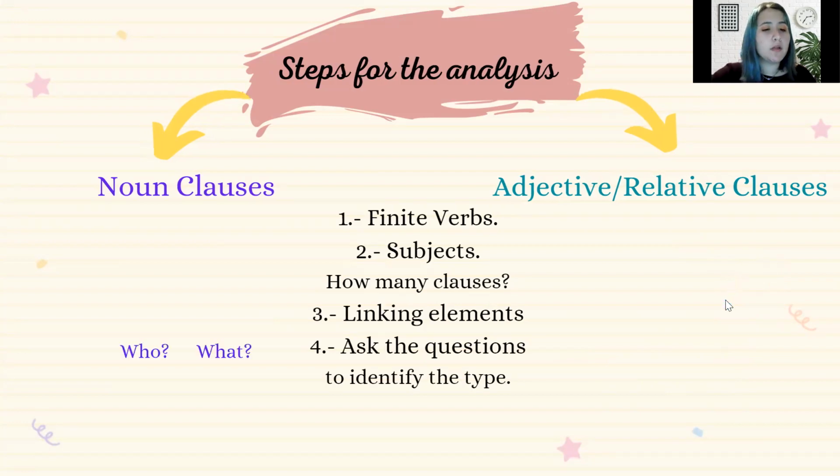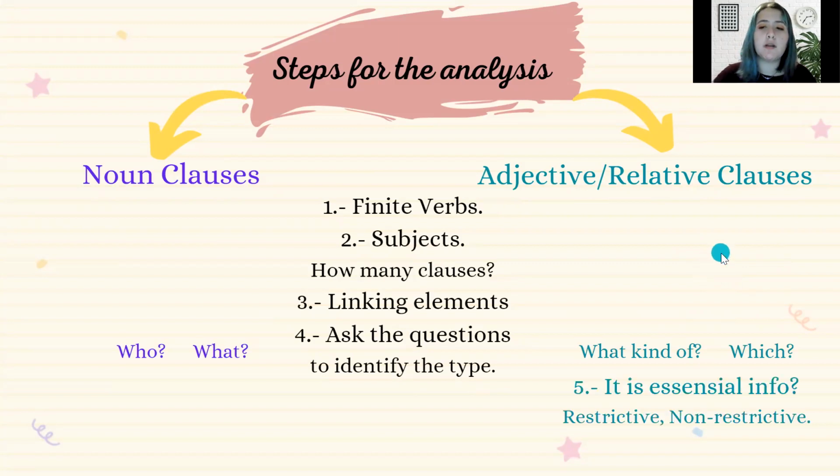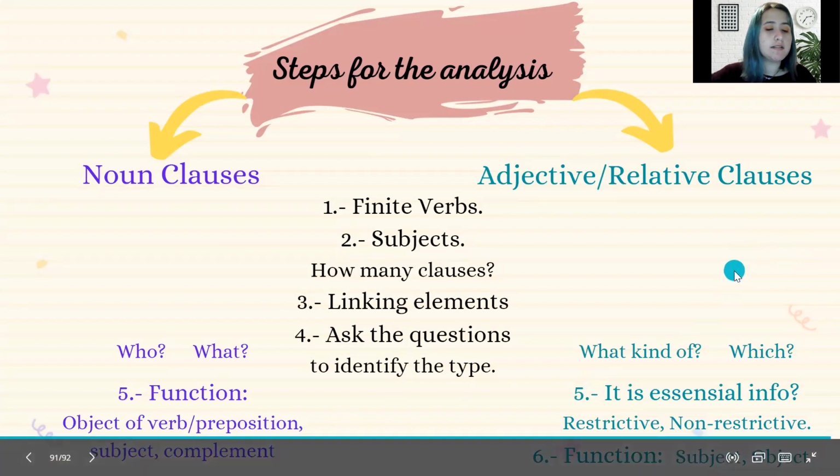We need to remember the questions: who or what for noun clauses, and what kind of or which for relative clauses. To finish with relative clauses, we need to know if it's essential information or not, and its function. And the same for noun clauses, the final step is to know the function.